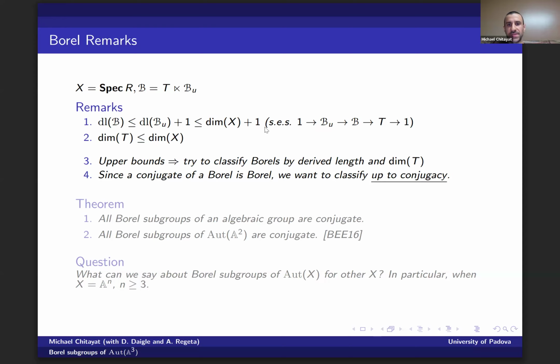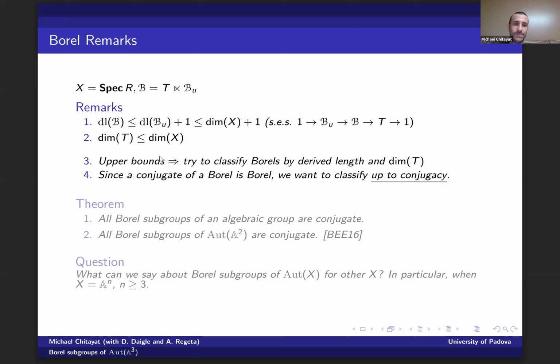And this is basically because you have a short exact sequence here, and it's a general property of such sequences that the derived length of the middle group is less than or equal to the sum of the derived lengths of the second and the fourth. And T is commutative, so it has derived length 1. And so you get this inequality. And the second inequality is essentially a bound on the number of distinct commuting locally nilpotent derivations you can have of a variety.